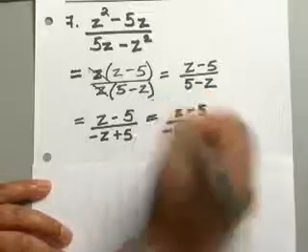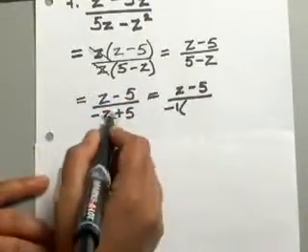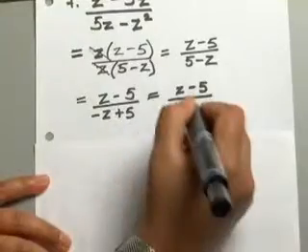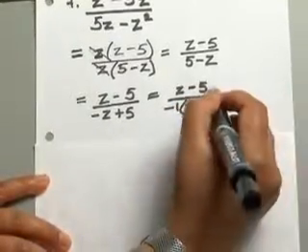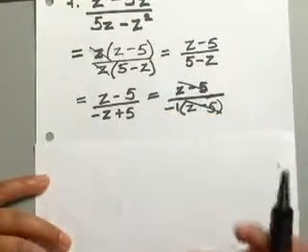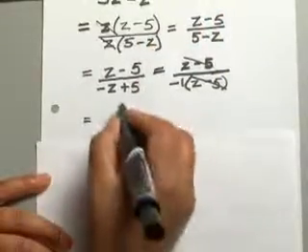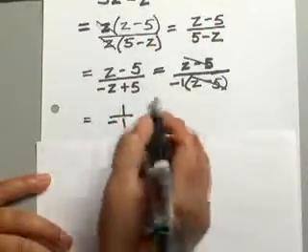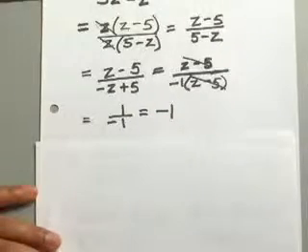Pull out a -1 as your greatest common factor, and when you do that, the signs will change. Z becomes positive, 5 becomes negative. Okay, so again, z minus 5 will cancel out. You're left with 1 over negative 1, which is the same thing as negative 1. Okay?